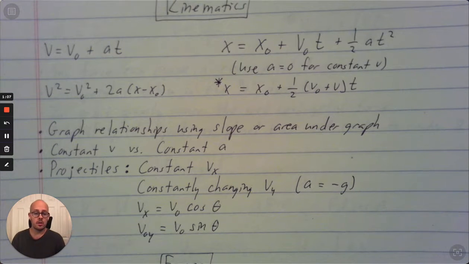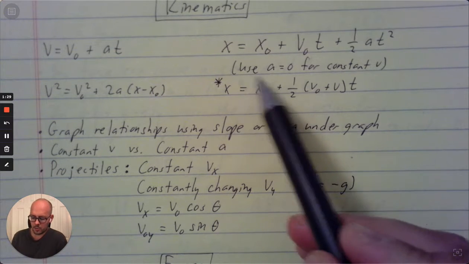You can use these equations for anything that is not simple harmonic motion, because in simple harmonic motion there's a non-constant force, and so there's a non-constant acceleration. In all other cases, there's a constant acceleration, at least in this course.